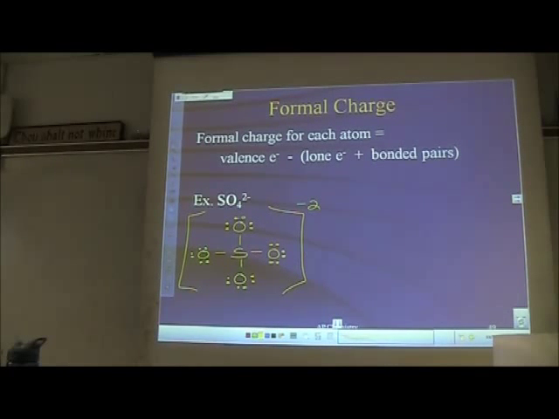I'm going to draw a second possible structure, and it's going to look a little bizarre. I would not expect you to be able to come up with this drawing. That's why these things are usually drawn for you already. But here is another possible way to draw sulfate. Strange as that looks.